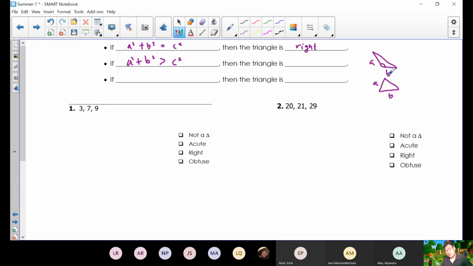A squared plus B squared is greater than C squared. Let's practice over here.